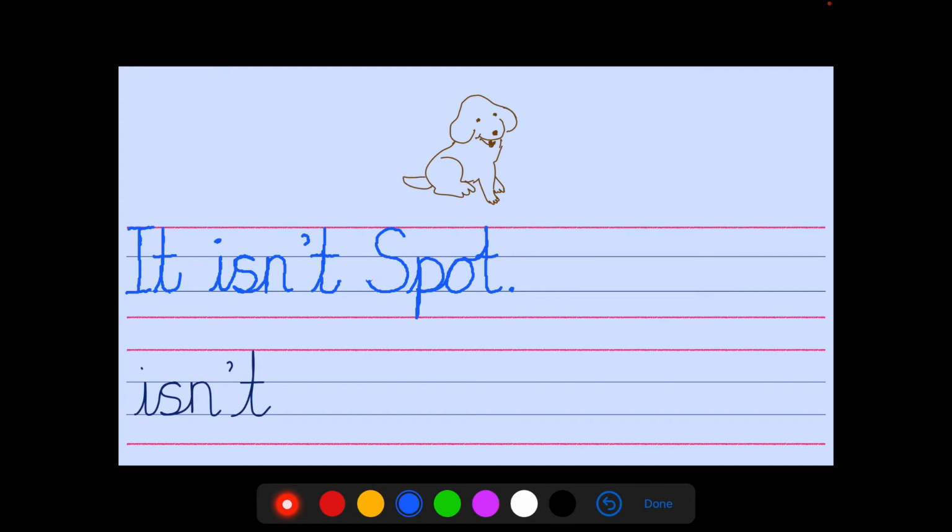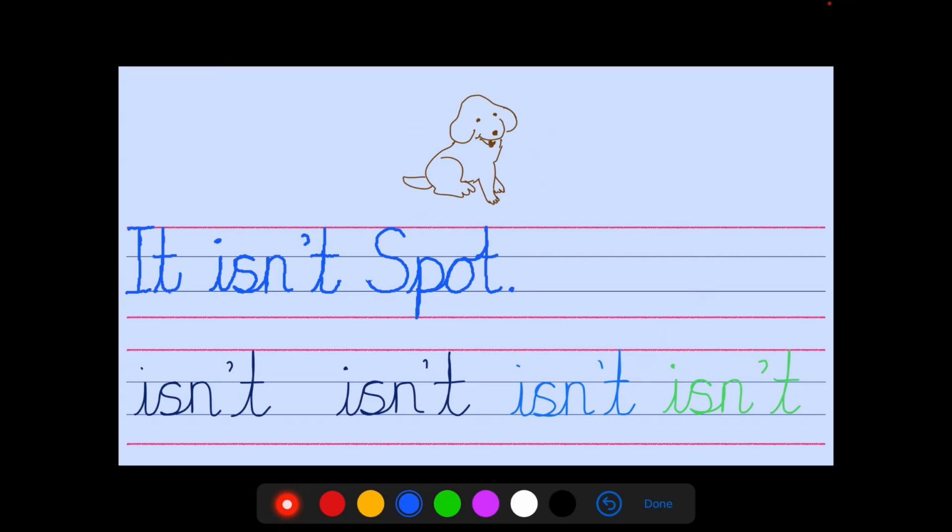You can change the colour of your pen if you'd like to go over it a few times so you get the hang of missing out the space between the words and missing out the letter O. Choose any colour you like to go over the words and have a wee think about that apostrophe. You can see here, sometimes the apostrophe isn't quite as good as others. Just needed that little bit of practice.